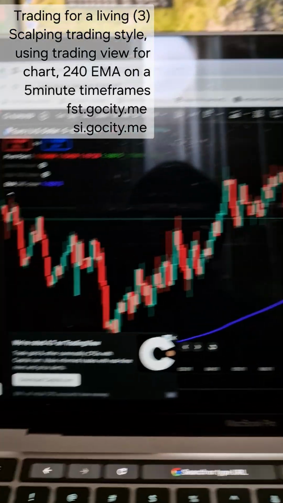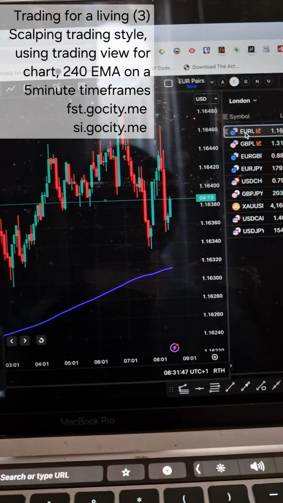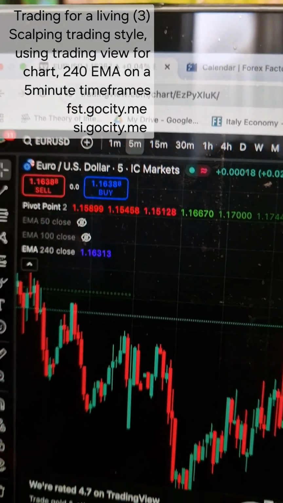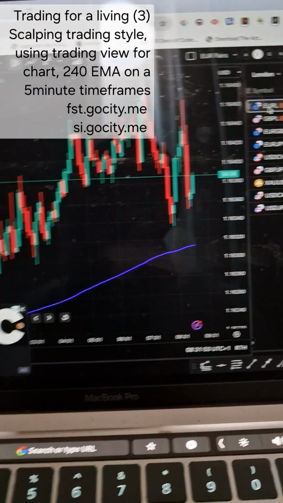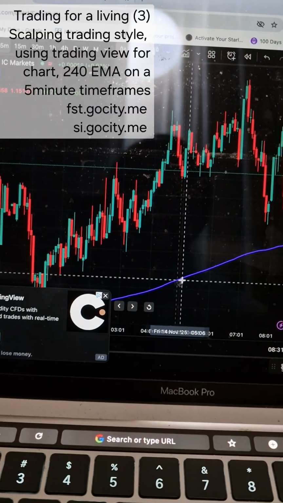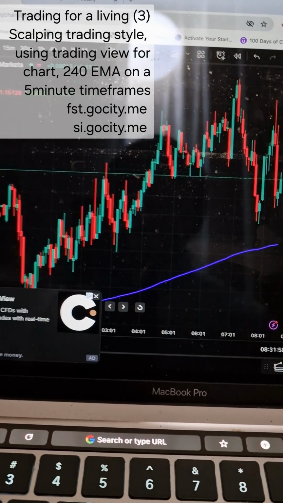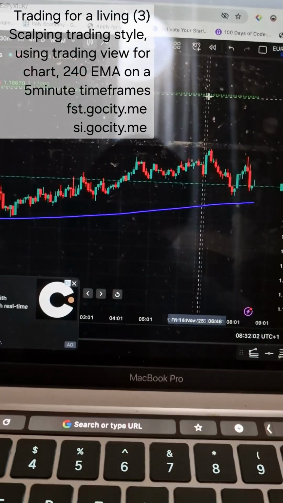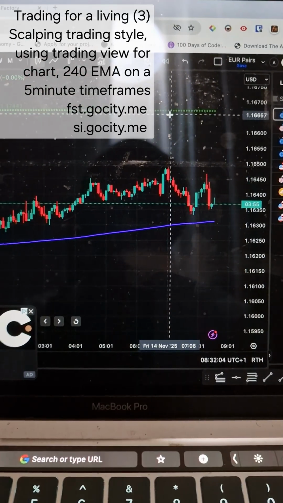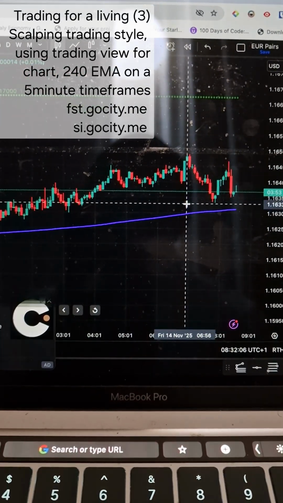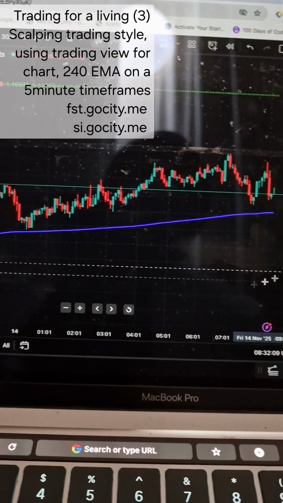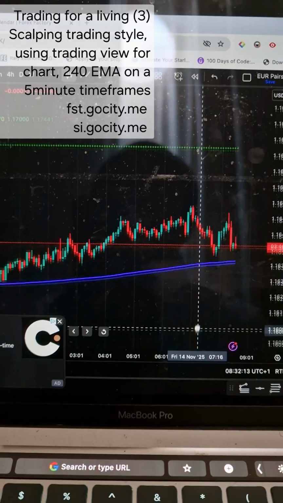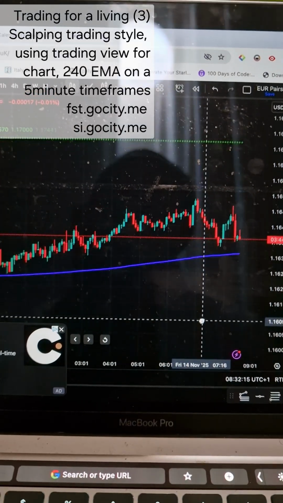This is Euro USD, and pay attention, we are operating on the 5 minutes time frame, and you can see that it's acting as a support. We are not seeing the pivot, but the pivot is very far from this place, and using the pivot oftentimes could be too wide for our stop loss because we are scalping.